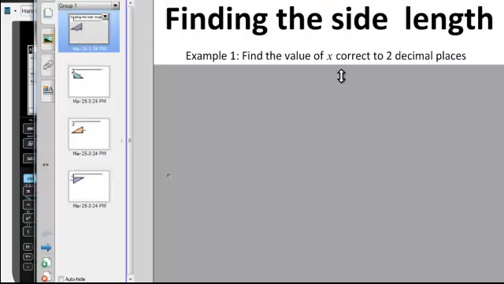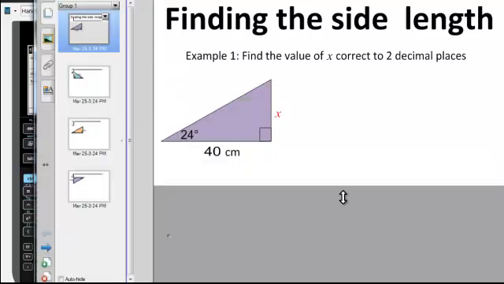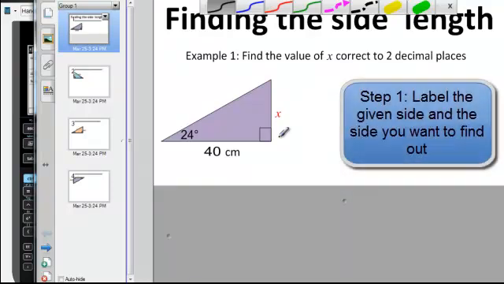Okay, once we're okay with our calculator, we can get on with the rest of the lesson. So our first example is we want to find the value of x correct to 2 decimal places. So in this case here, we're trying to find the value of x, which is this length here. Okay, so we're given that this angle here is 24 degrees, so our first step is that we need to label our sides with respect to that angle.